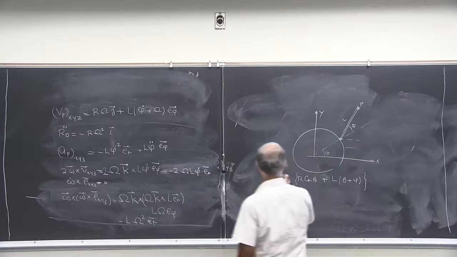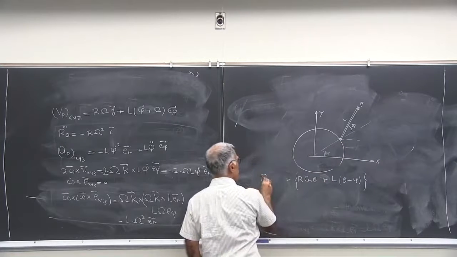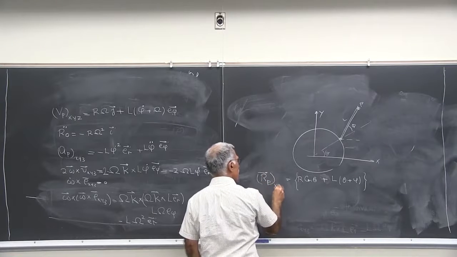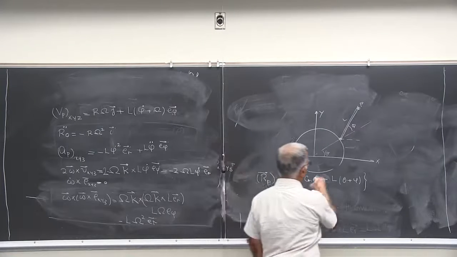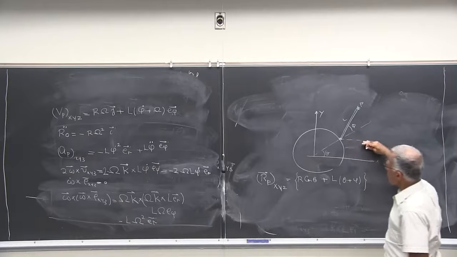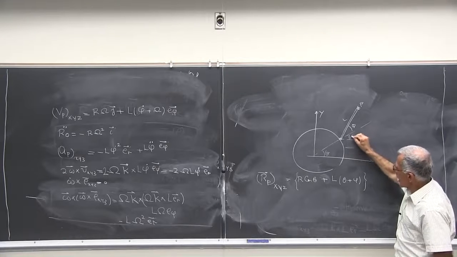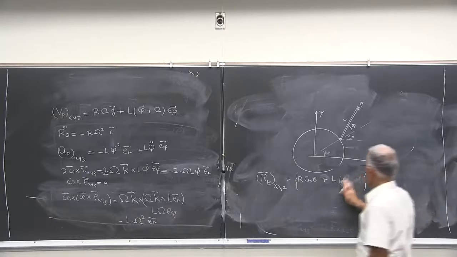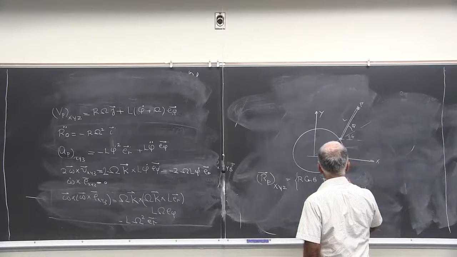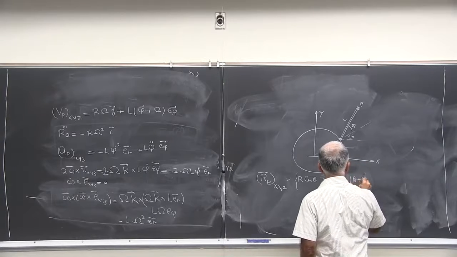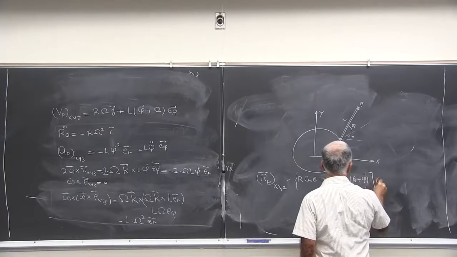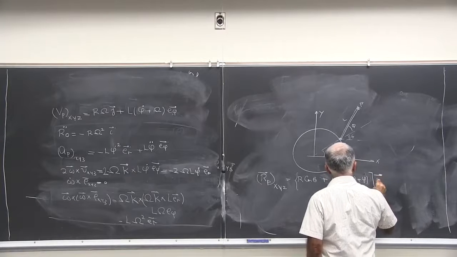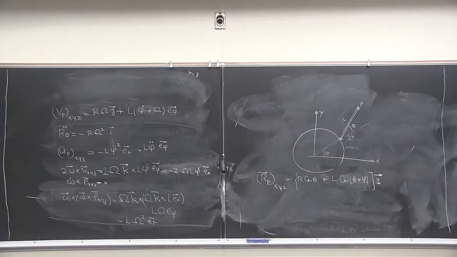So you can say my vector r with respect to the main reference frame is equal to r cosine theta plus, this angle is also theta, so that would be L cosine theta plus phi, and that is capital I, so you don't get confused.